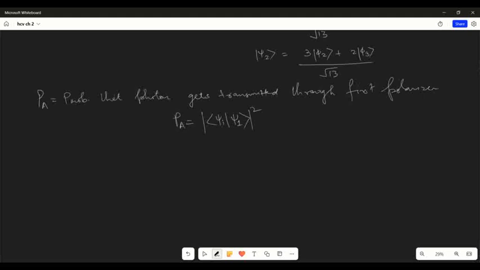So let's calculate. Psi I is basically phi 2, and we have to calculate its inner product with psi 1, and psi 1 is 2 by root 13 phi 2 plus 3 by root 13 phi 3, and obviously it's mod square.